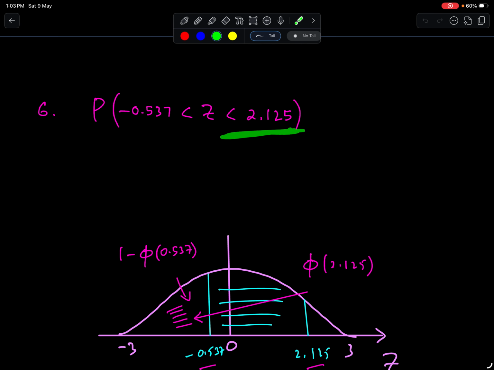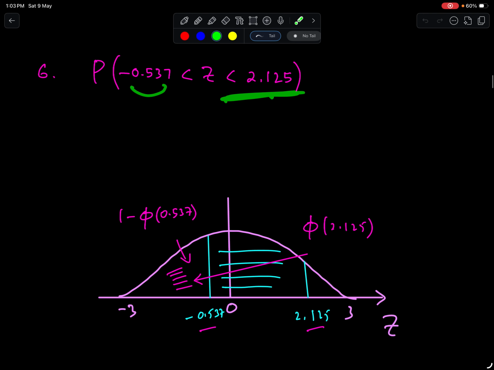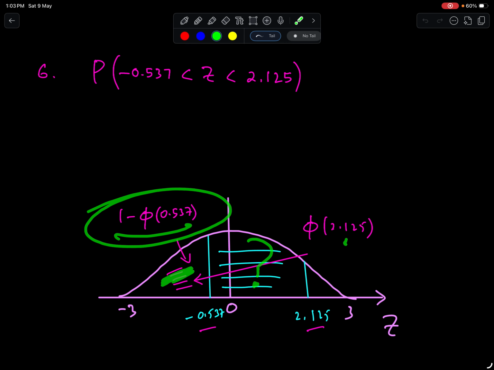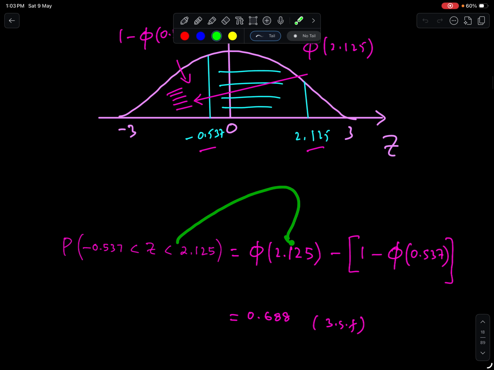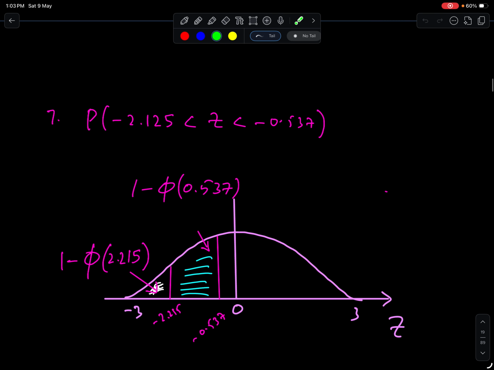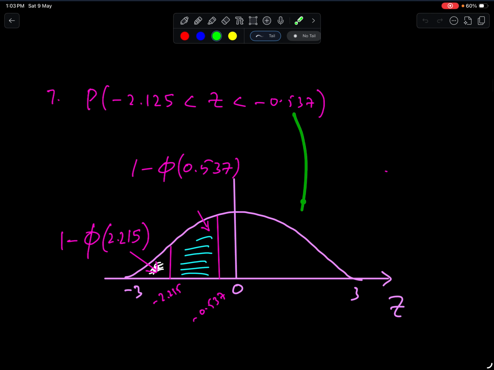So here phi of this, 1 minus phi of this, why? This total area is phi, whereas this area is 1 minus phi and we need this area. So this minus this will give you this area. Phi, 1 minus phi. Label this here, this here.